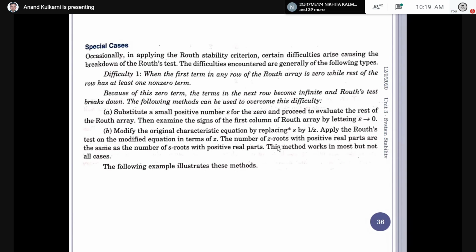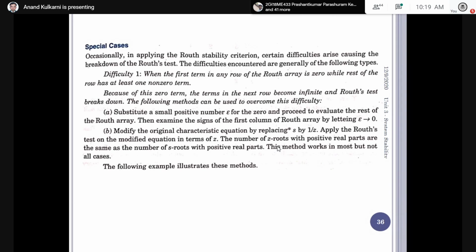This is one case. Or there may be a case where, in addition to that, there is a set of complex conjugate roots, similarly symmetrically placed on both sides of the j omega axis. That is, say -1 plus j, -1 minus j, both lying on the left hand side. Similarly, you have another set of roots with +1 plus j, +1 minus j. That means there are two roots on the right hand side and two roots on the left hand side, but they are symmetrically placed.